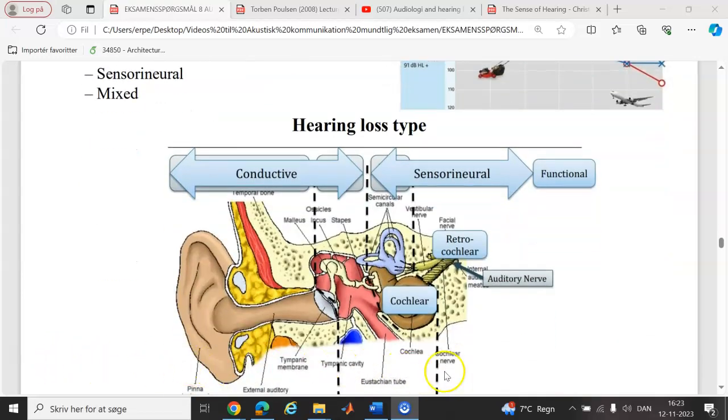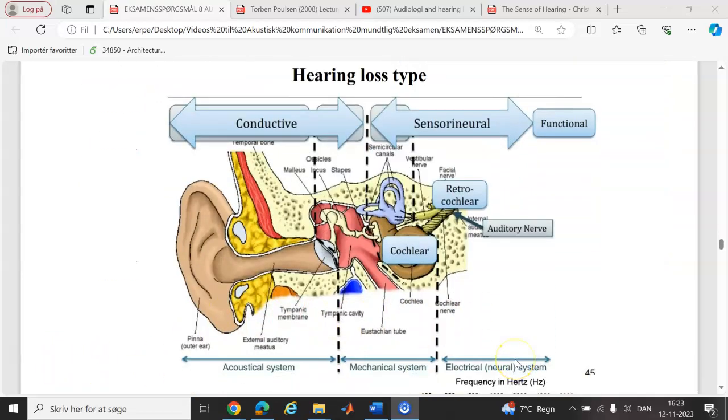Hearing loss type: we have the conductive, which is in the outer ear and the middle ear. The sensorineural is from the inner ear and also the auditory nerve system.